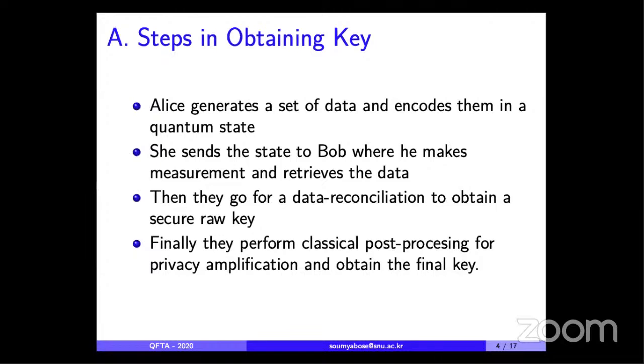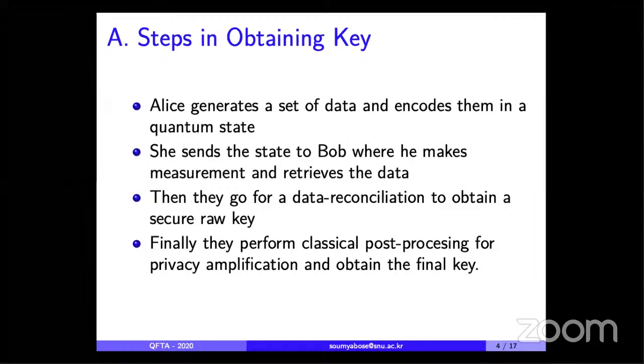Then they go for some reconciliation, where they tally their results to remove the eavesdropping effect. Then they attain something called the raw key rate. After this raw key, they go for classical post-processing, privacy amplification, and obtain the final key. Now, at this stage, I must mention that the studies on quantum key distribution from a theoretical perspective are divided into two parts.